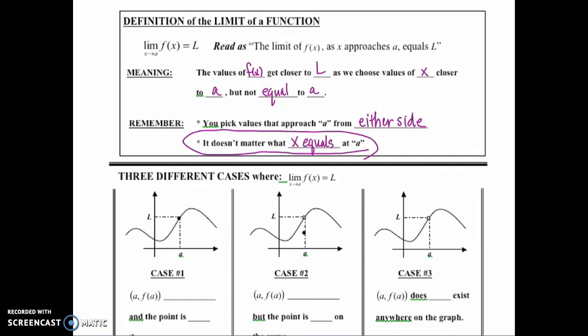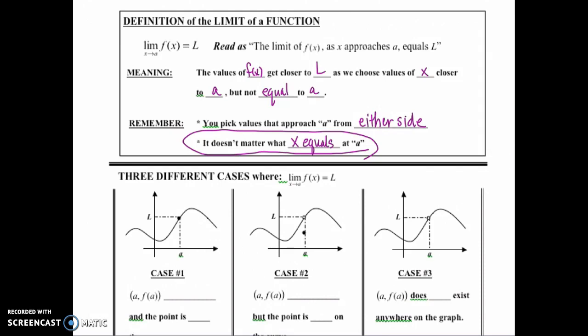This is kind of a big deal. So our next couple of examples are going to illustrate what we're talking about when we say that it doesn't matter what x equals at a. We've got 3 different cases.